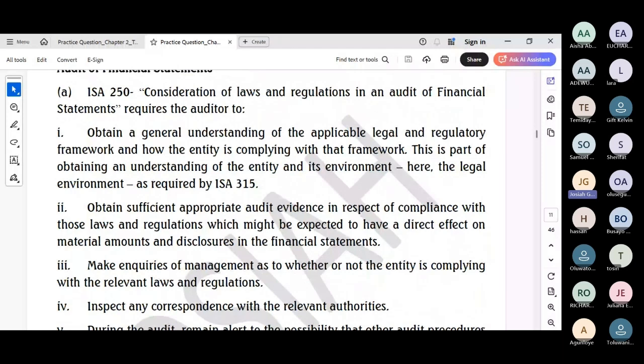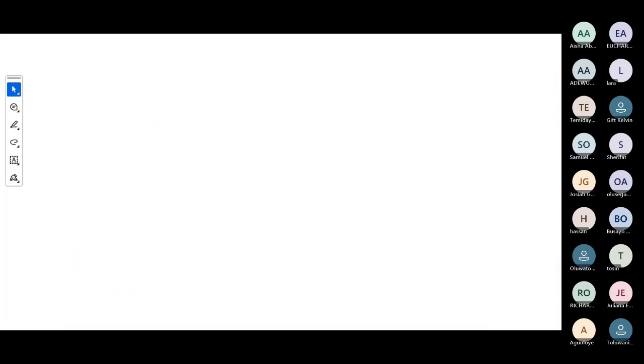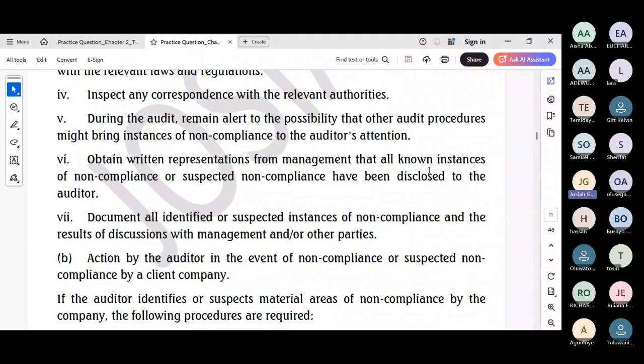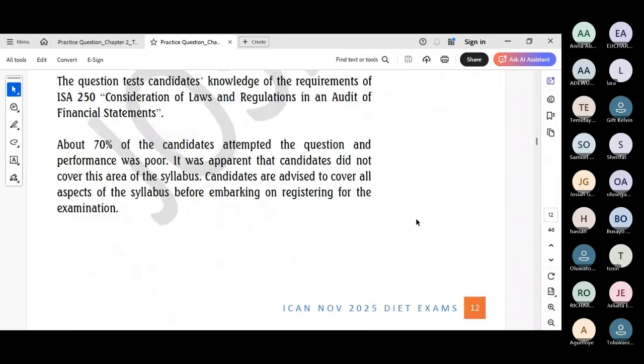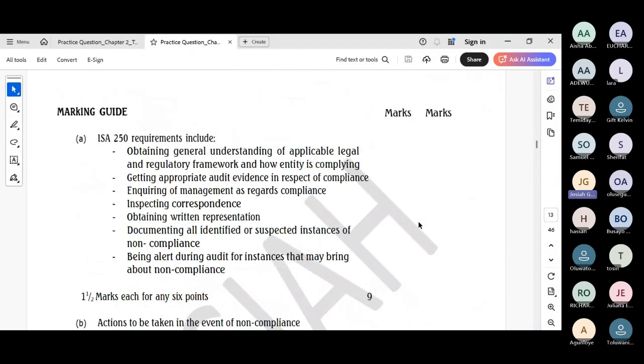So focus solely on the requirements of ISA 250. Do not invent scenario details, please. Don't invent your scenario. Just stick with the examiner's content and what he provides for you. Okay, so let me go to the marking key. Yes, I like to speak to the marking key. Okay, so half mark for each of the 6 points.